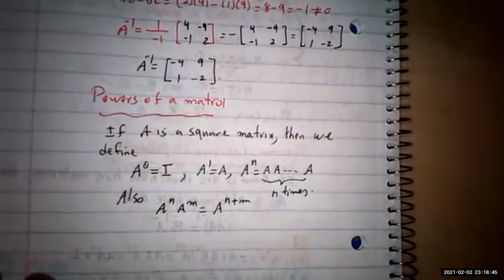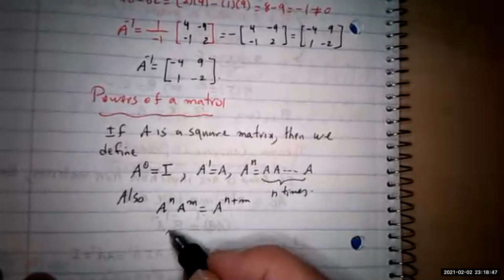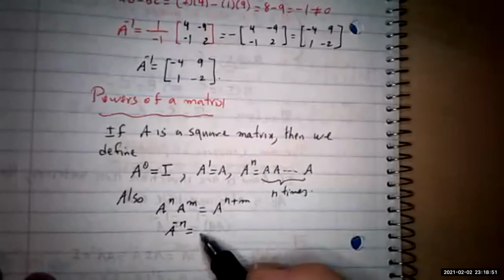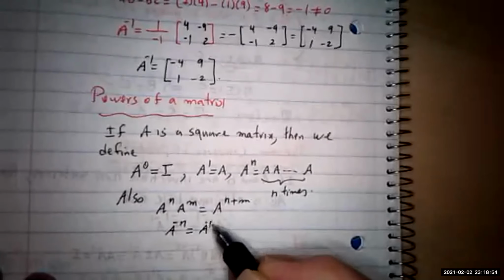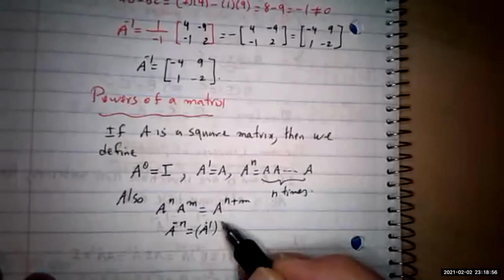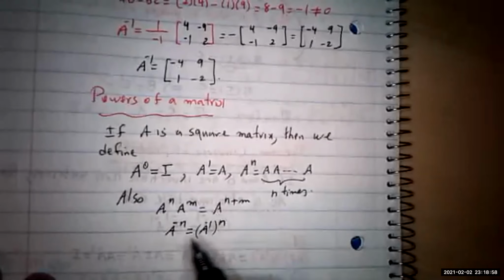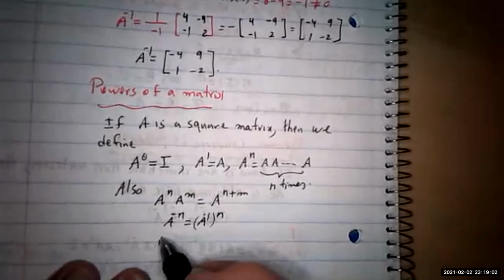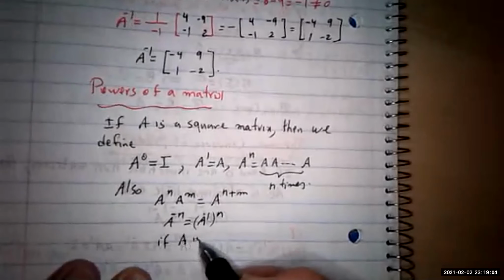We can also define a negative power. If you want to define A to the negative n, you find the A inverse first, then you raise it to the n. Of course, the matrix must be invertible. It's going to be the case if A is invertible.